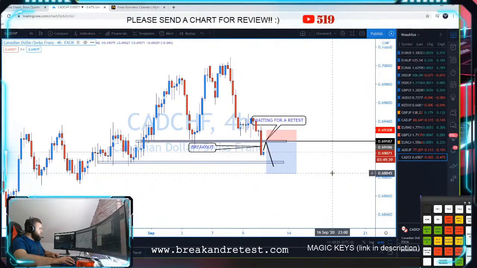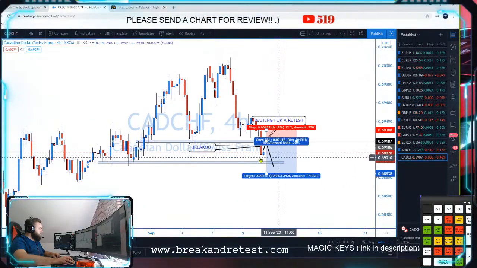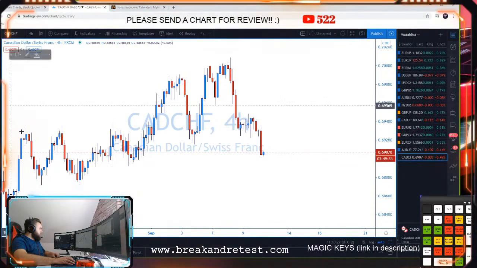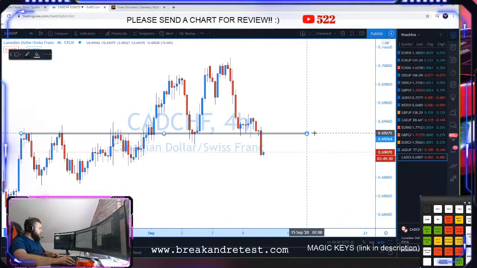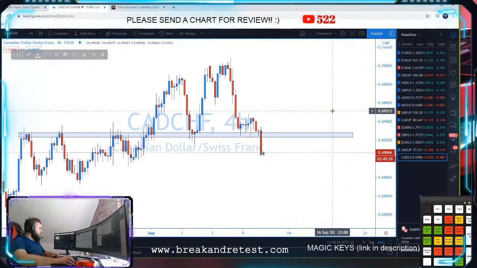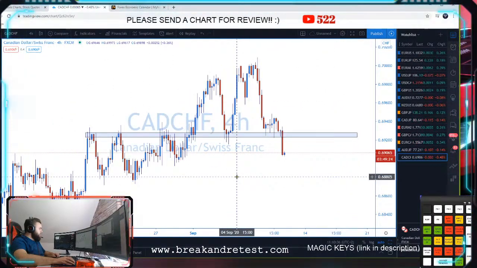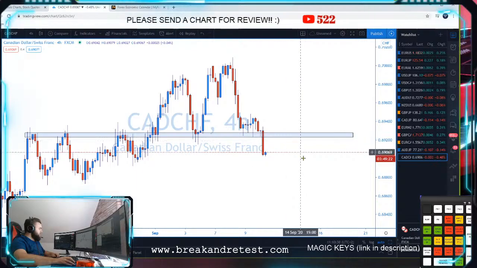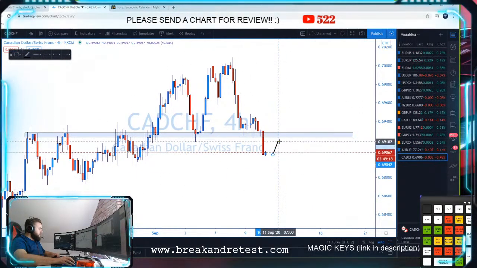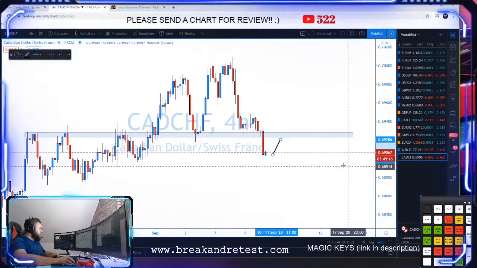We have a 4-hour breakout on CAD CHF. Now, the ideal retest would be at this level, but I don't know if we're gonna get that. It would be ideal to retest this, then continue down. We'll see, maybe we'll get that.